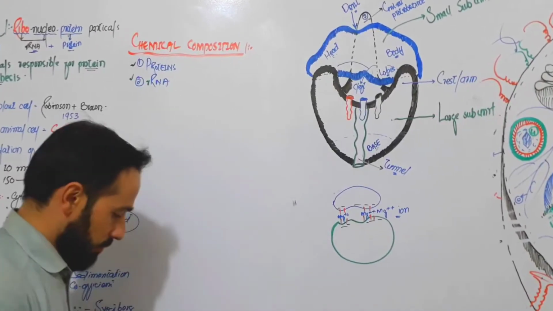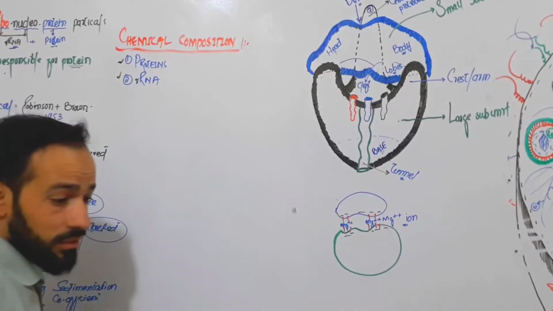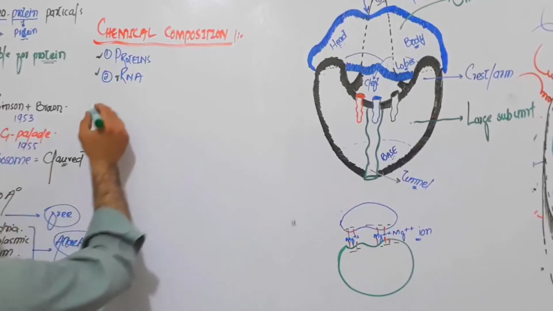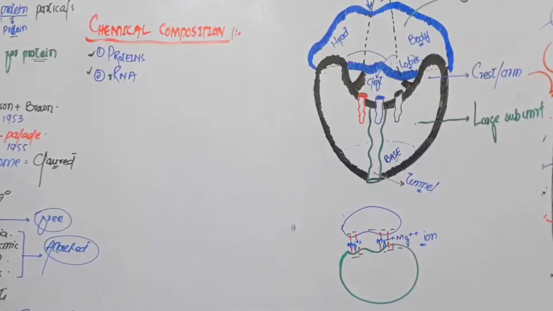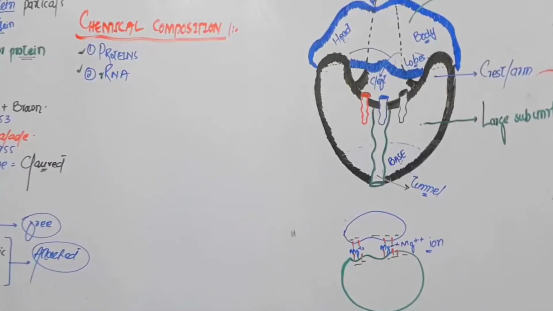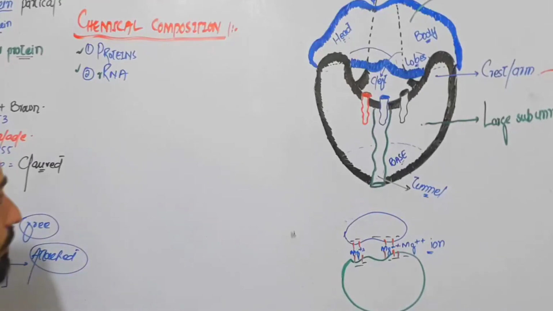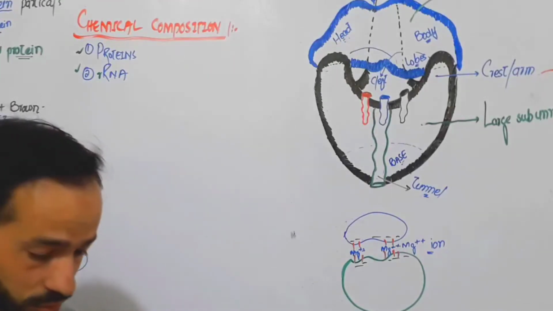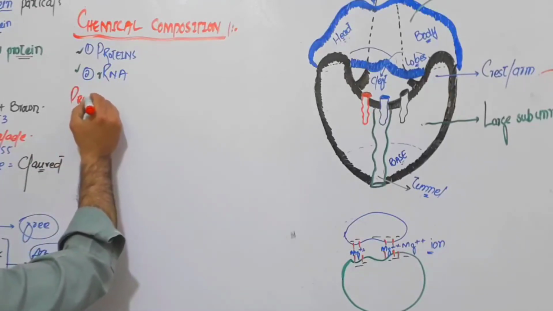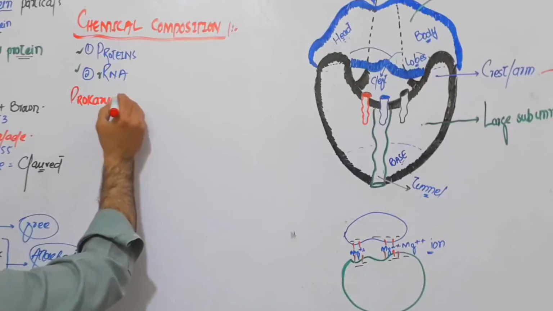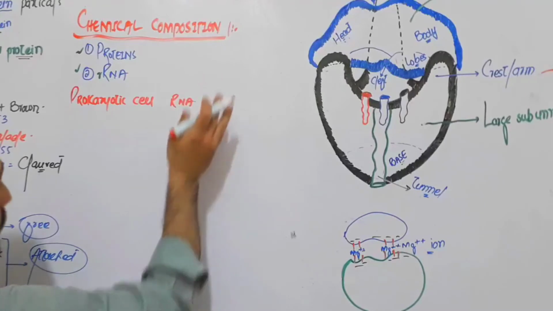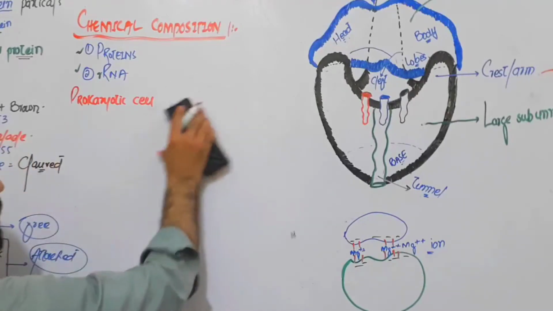Right, let's jump into the real chemical composition of ribosome. Okay, so look here. You know that we have 2 types of ribosomes, the prokaryotic cell ribosome and the eukaryotic cell ribosome. So it means that we have 80S and 70S ribosomes. First of all, let me talk about the chemical composition of the 70S ribosome, that is the ribosome of a prokaryotic cell.